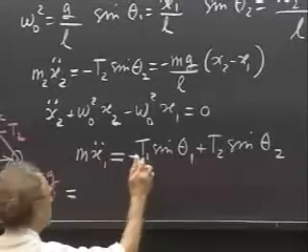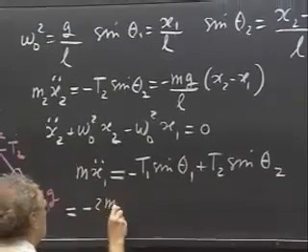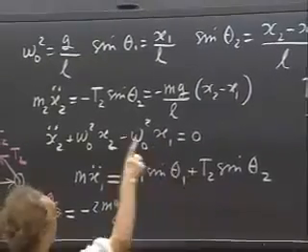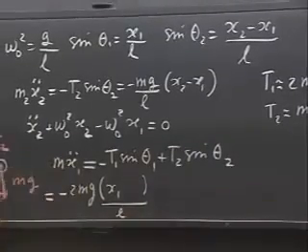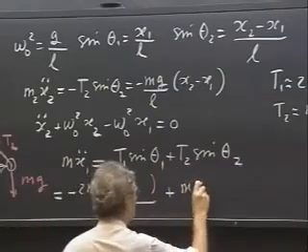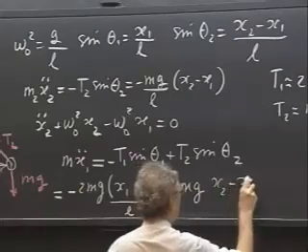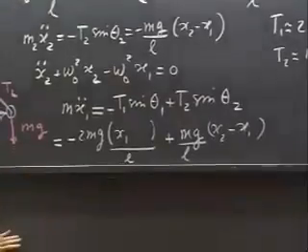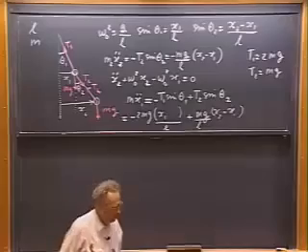So this becomes equal to minus 2 mg times the sine of theta 1, which is x1 divided by L. And then I get plus T2, which is mg, times the sine, x2 minus x1 divided by L. And I'm going to divide by m, and I'm going to use my shorthand notation.